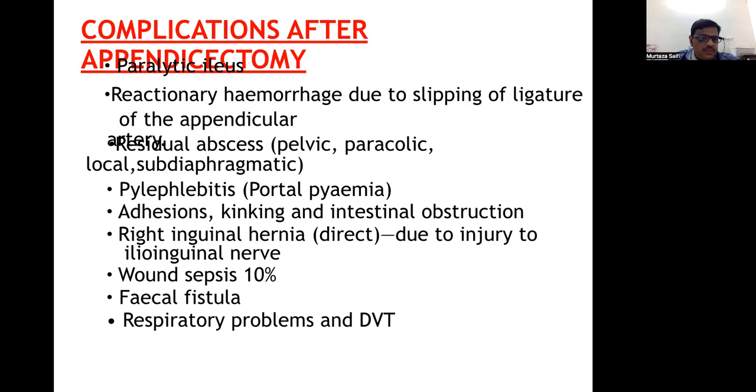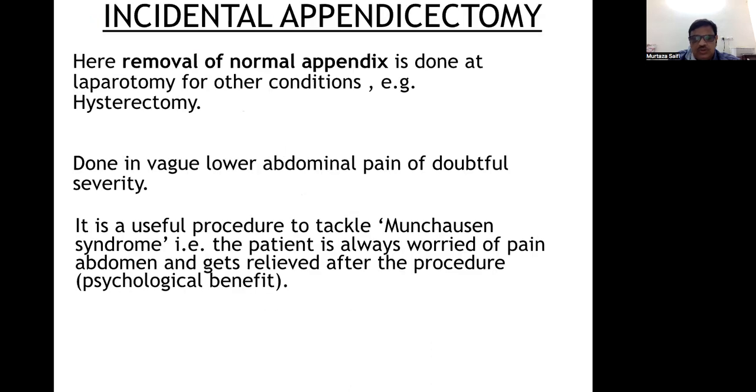Portal pyemia, adhesions, kinking and intestinal obstruction. And right inguinal hernia, fecal fistula, wound sepsis, respiratory problem, and deep vein thrombosis.